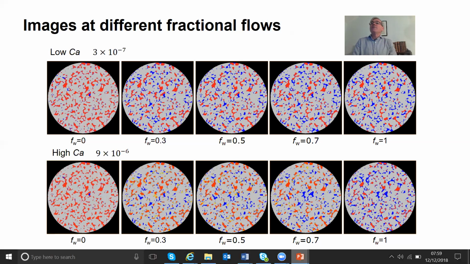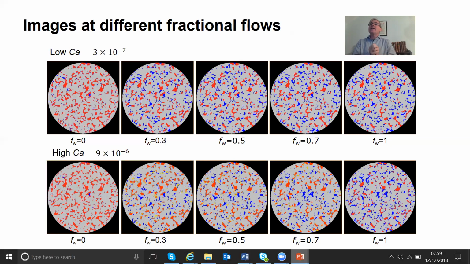Then we have a fractional flow of 0.3, which means 30% of the flow is water, 70% is oil. So now we put some water into the pore space, more water into the pore space, and you can see now that the picture gets more blue. And then we increase the fractional flow until it's 100%, so we're just injecting water. We don't get rid of all the oil because the oil is trapped in the larger pores.